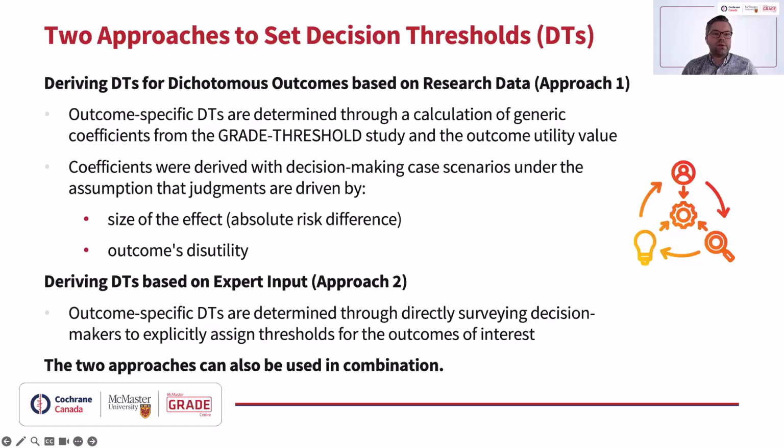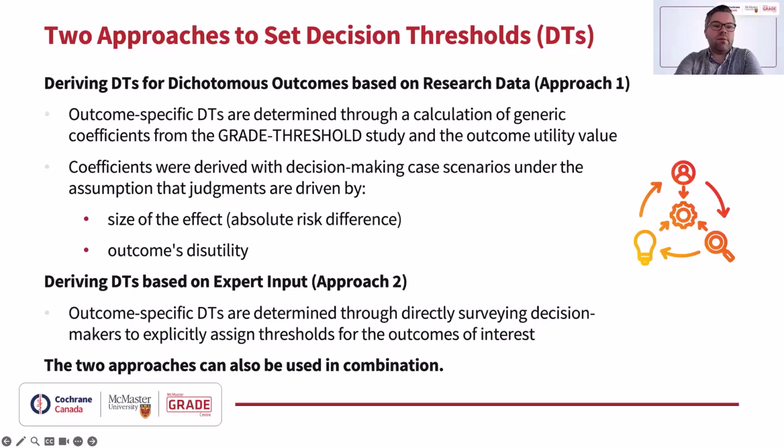Those coefficients were derived with case scenarios used in the GRADE threshold study, to which respondents representing typical decision makers in the context of a guideline development, for example, or users of a systematic review, determined what would be perceived as trivial, small, moderate, or large benefit or harm for that given case scenario.